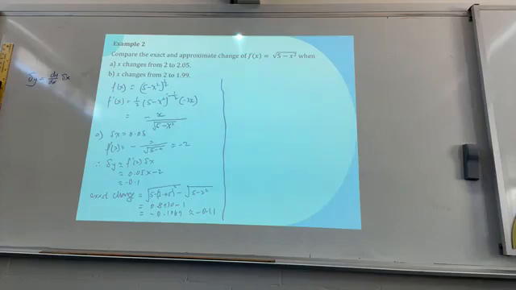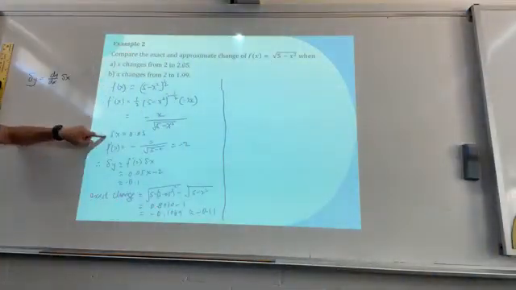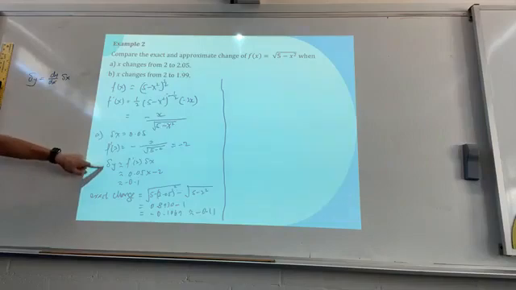Which means in part B, you will have a positive number, correct? Because then your delta x is minus. You've already worked out your first derivative at 2 anyway. All you need to do is write down delta x is minus 0.01, and you can go straight into that one.